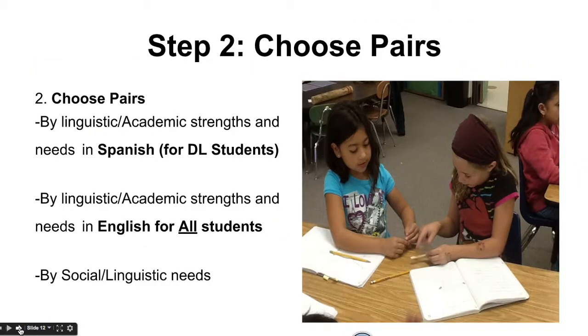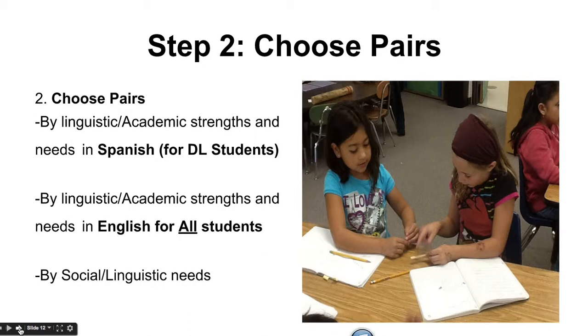Step 2. After you've assessed some of your students' language abilities, go ahead and choose pairs. You're choosing pairs by their linguistic and academic strengths and their needs in developing the Spanish language. But you're also going to be picking different pairs for students whose needs might be in the area of developing the English language.